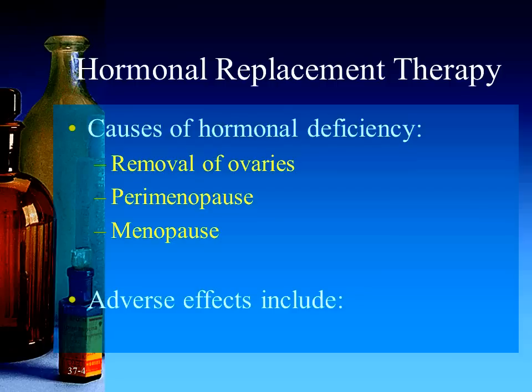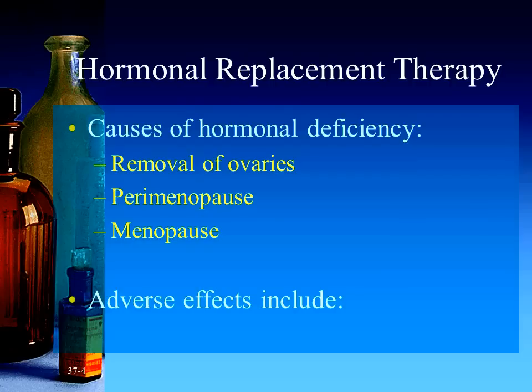And then you get tissue changes in the endometrium and in the vagina, such as atrophy, irritation, and dryness.